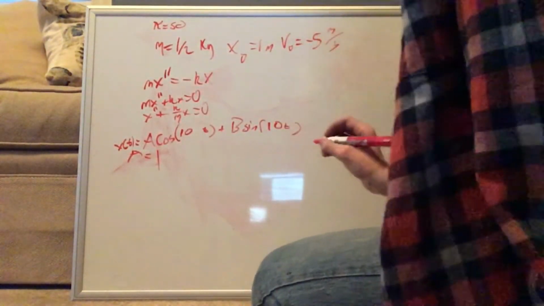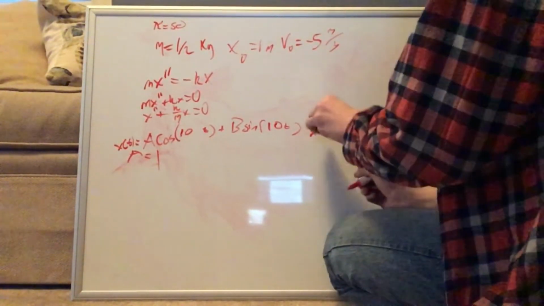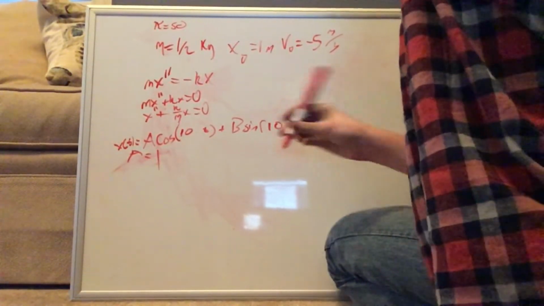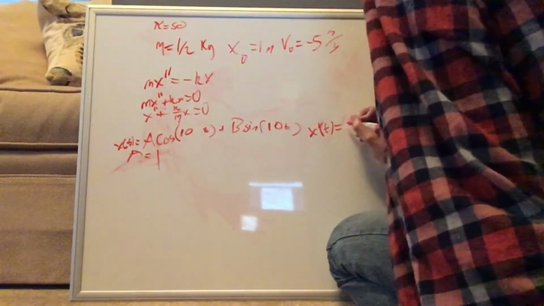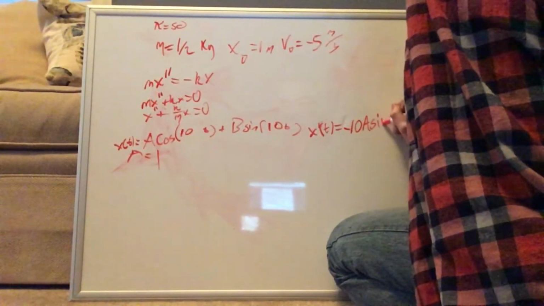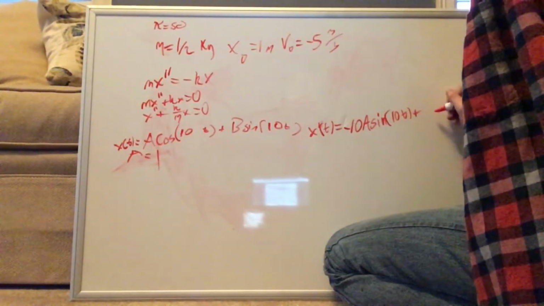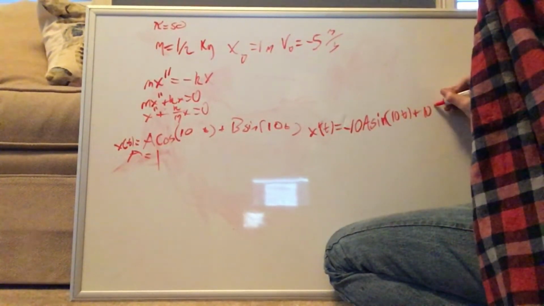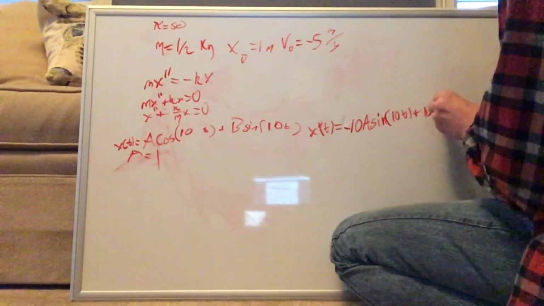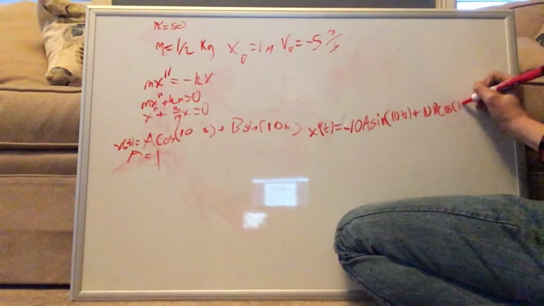So x prime of t equals negative 10a sine of 10t plus 10b cosine of 10t.